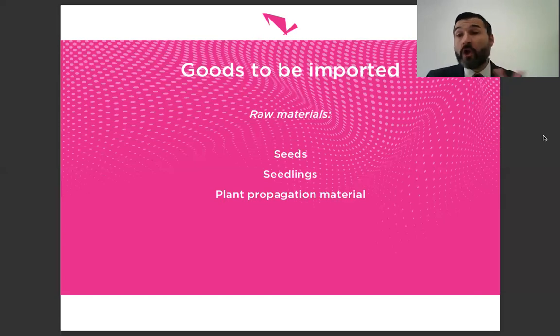If they are not derivatives or byproducts of cannabis, they may be imported into Mexico without complying with the regulations set forth in this set of rules.